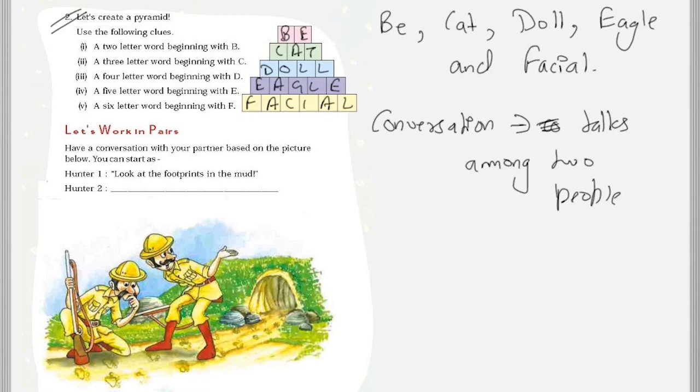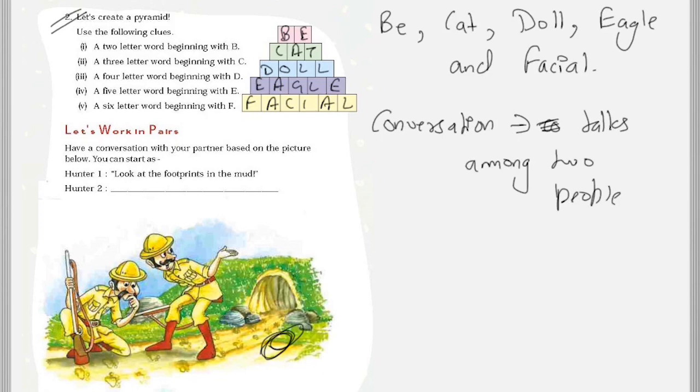So in the picture we can see that there are two hunters and they are talking about something. Hunter 1 says, look at the footprints in the mud. Now we need to continue it. So you will do it on your own, but I'll write two to three dialogues for you so that you can continue it further, or if you want to change them, you can completely change them.